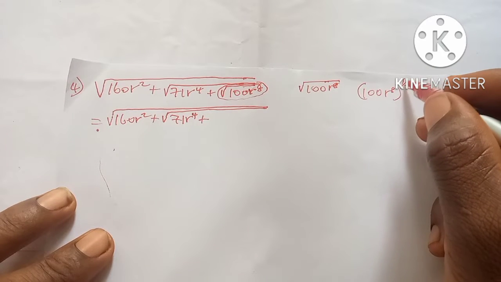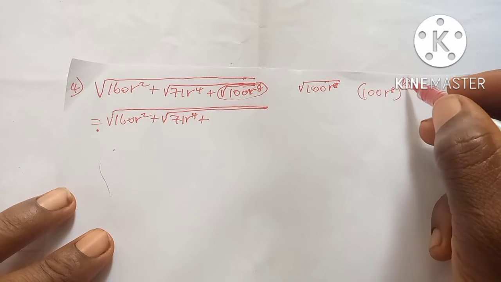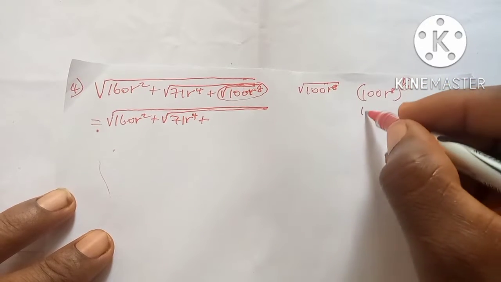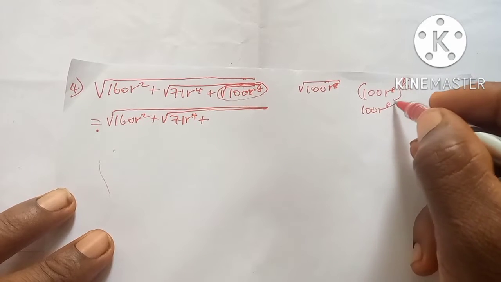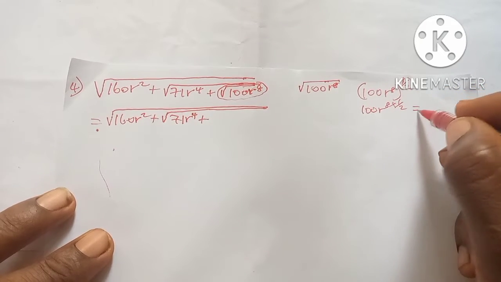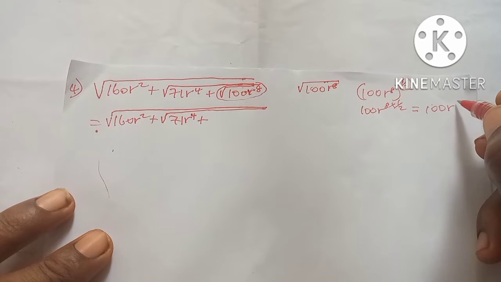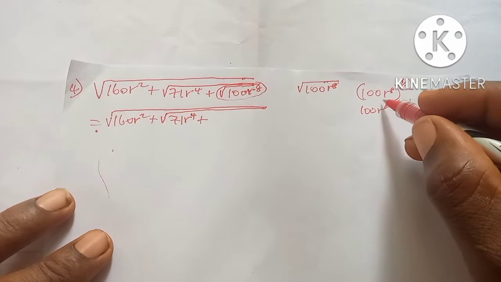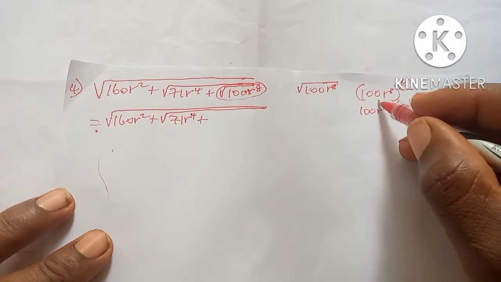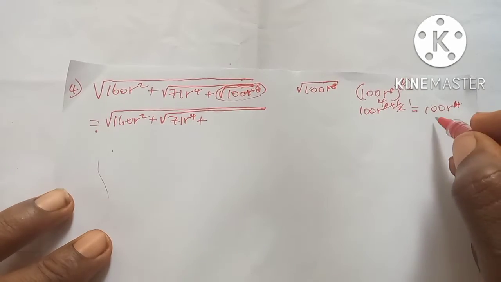And so from indices, we can multiply half with 8. So we have 100 r to the power 8 multiplied by half, which will give us 100 r to the power 4, because 8 divided by 2 is 4. So we have 100 r to the power 4.